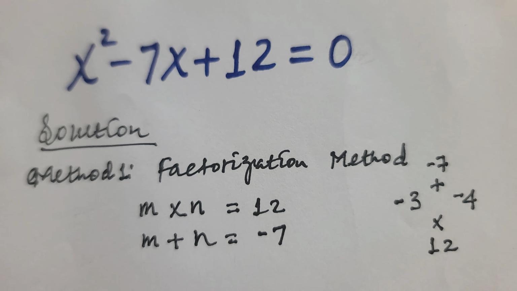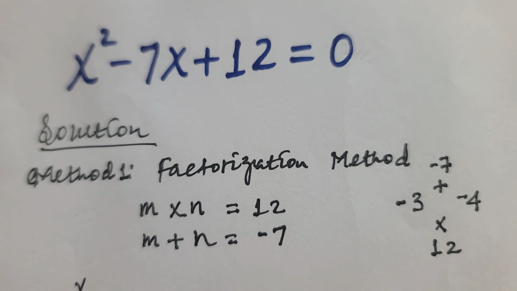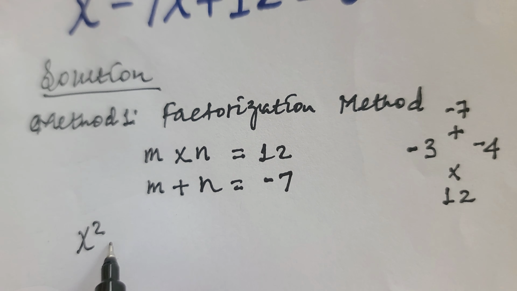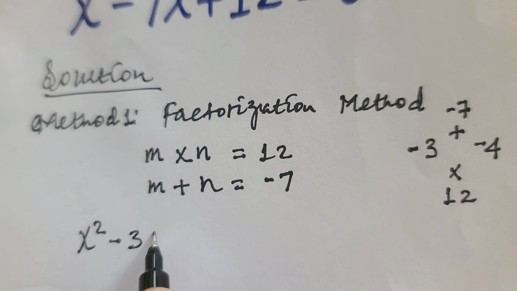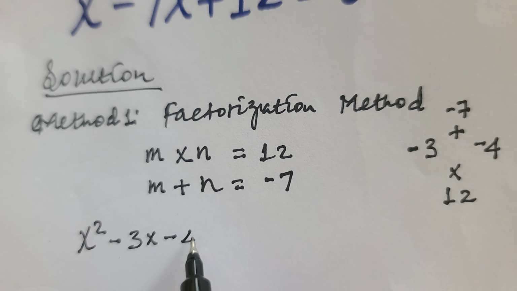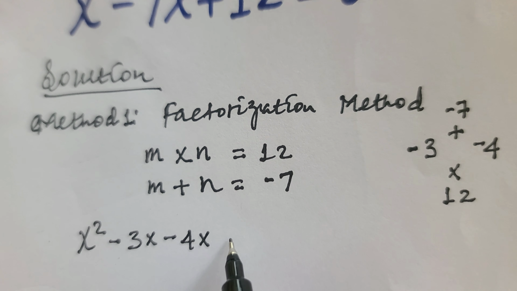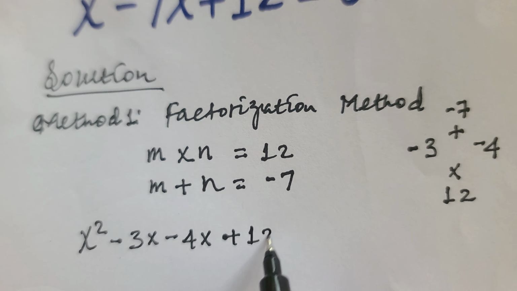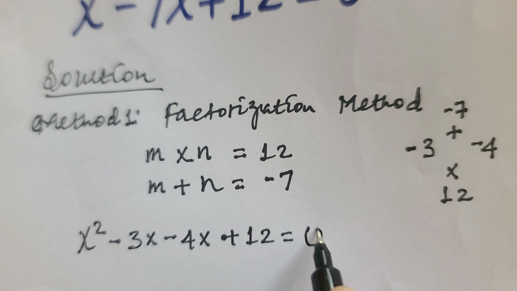Therefore, the above expression can be rewritten as x squared, minus 7x means minus 3x minus 4x, plus 12 equals 0.